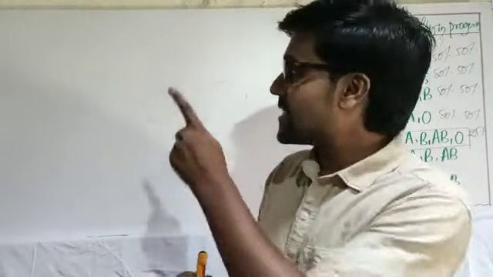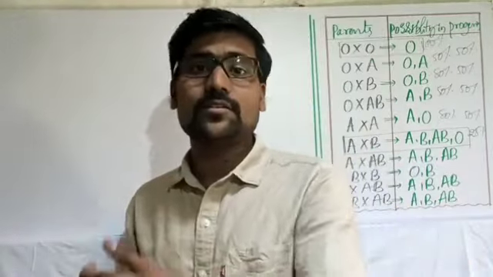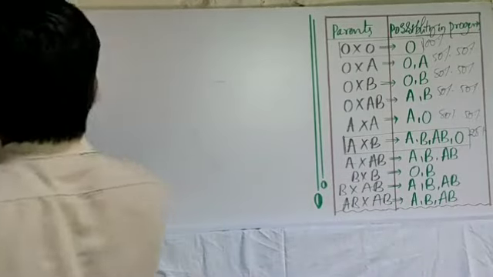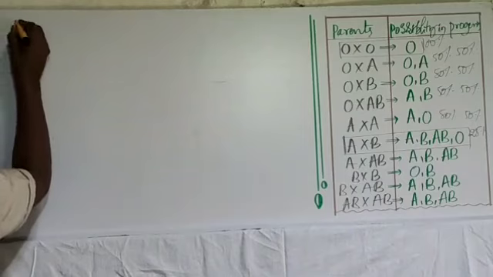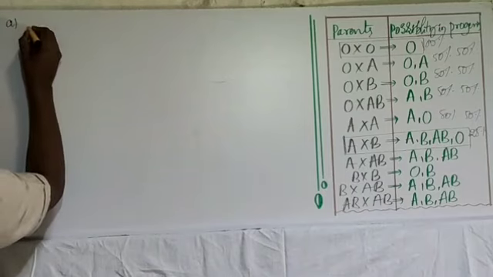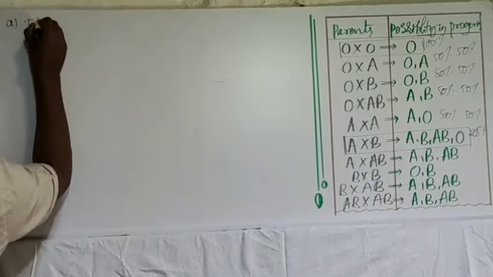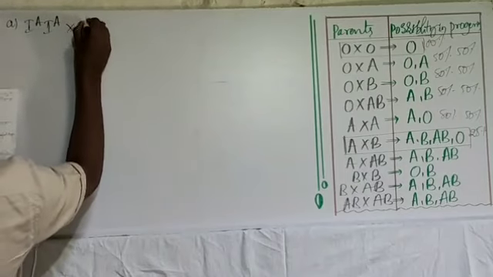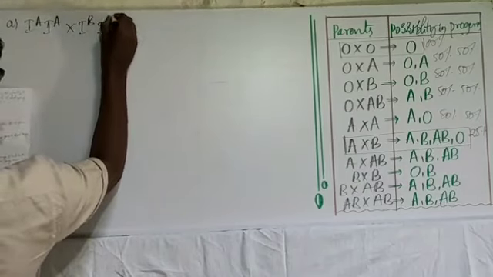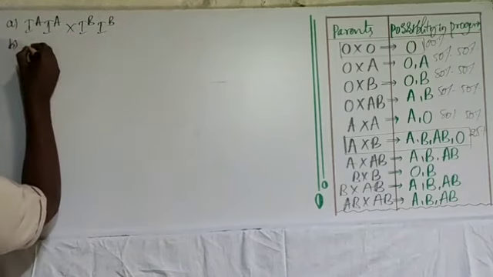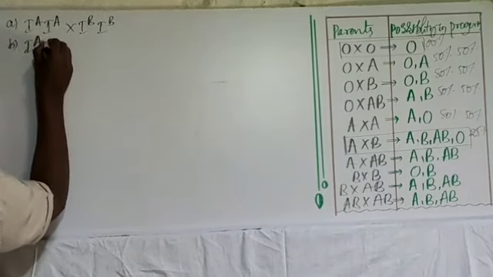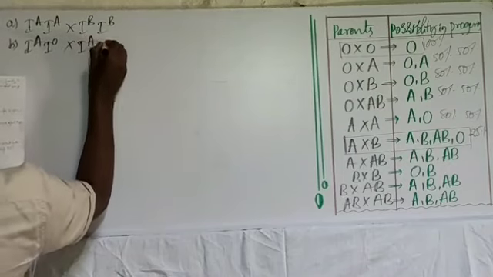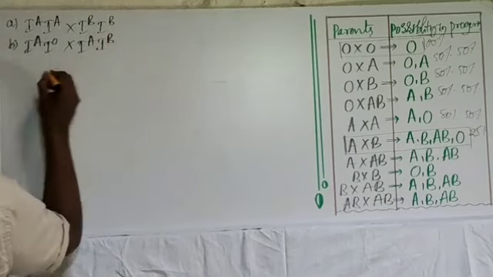And here I am writing the options for that question. The first option is IA cross IB. Second option, IO cross IB.